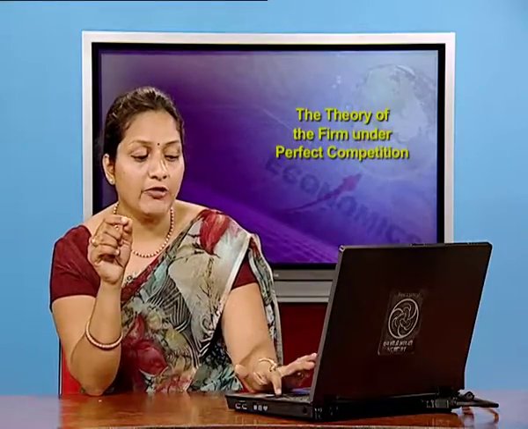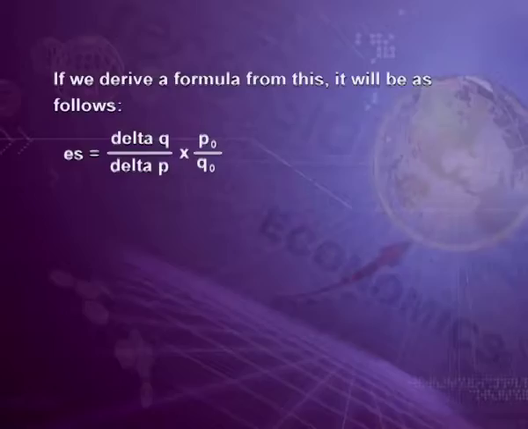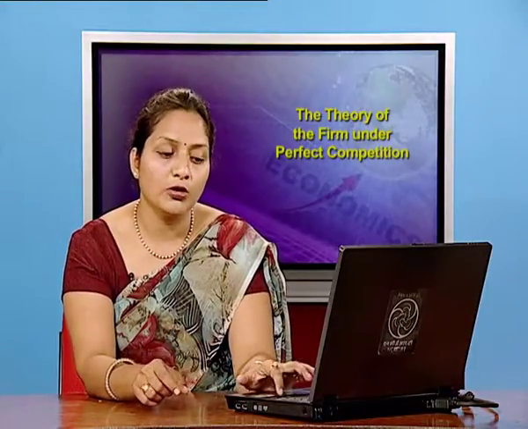If we derive a formula from this, it will be as follows. Elasticity of supply equals delta Q upon delta P into P0 upon Q0, where P0 stands for original price or old price and Q0 stands for original quantity or old quantity.